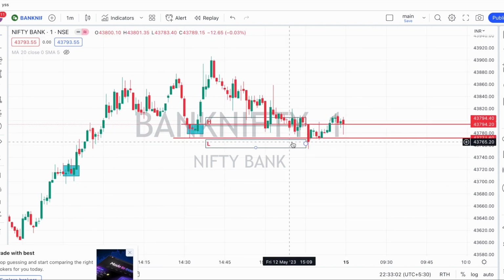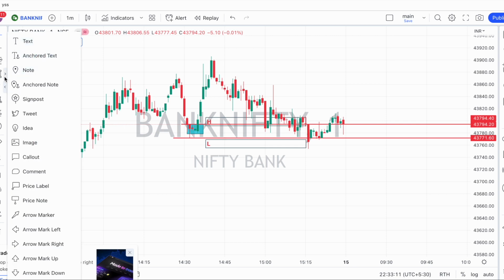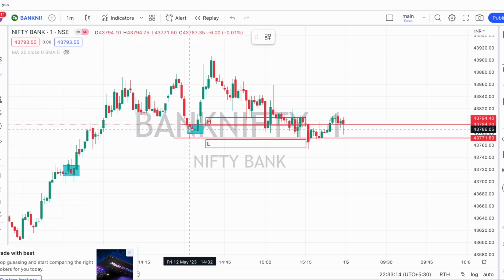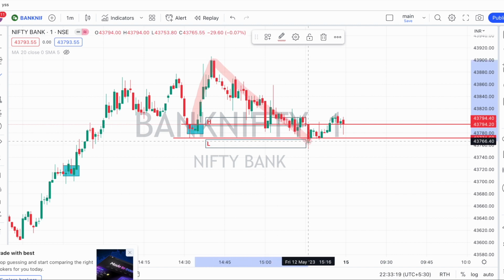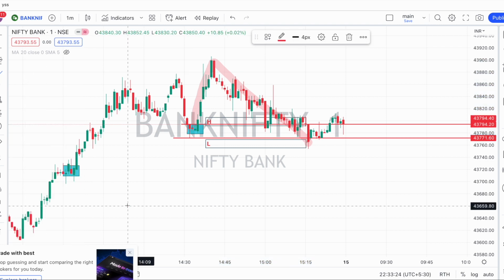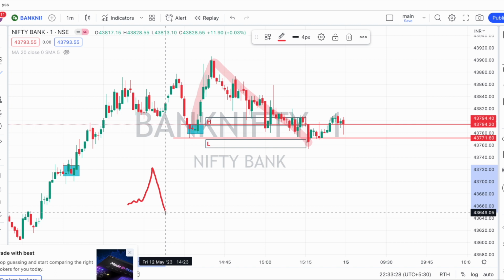Over here, you can see this particular red candle has touched the low of the build-up, and we can mark this like this. Build-up, price went up, breakout, and then it has to cross the low of the build-up. This kind of structure is called edge formation.